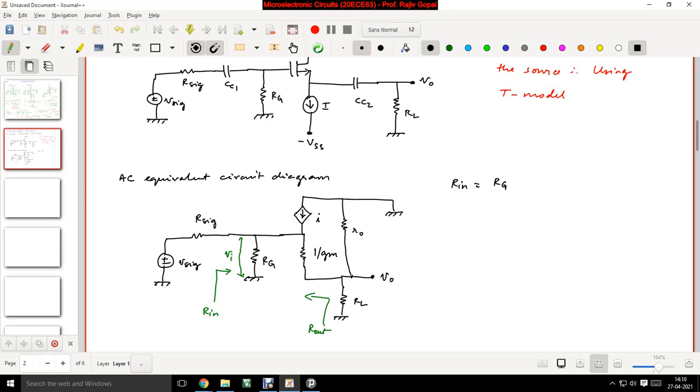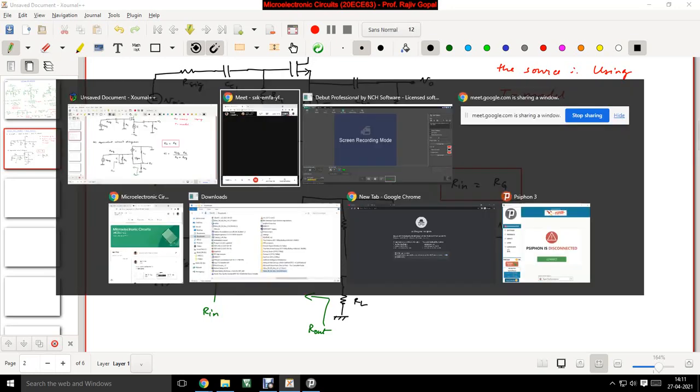So Rin will be Rg. Now I have to find what Vi is. Rg and R signal are connected in a voltage divider configuration, so Vi will be V signal into Rg divided by Rg plus R signal.